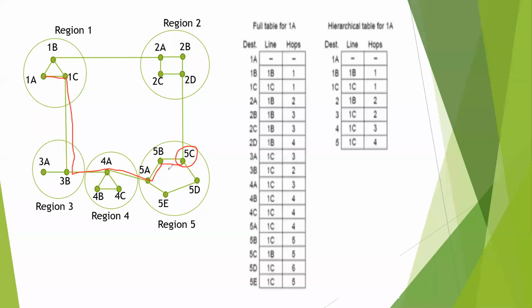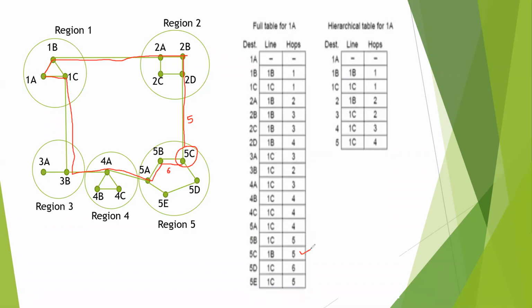So if I take this path, it will take 6 hops. If I go like this, 1, then 2, 3, 4, and 5, it will take 5 hops. That's why to reach 5c, the best path is 1b.